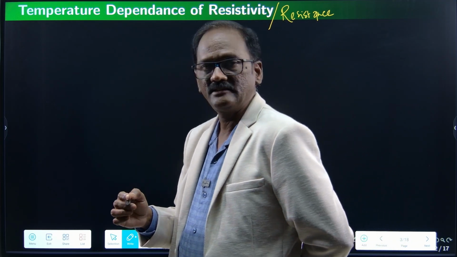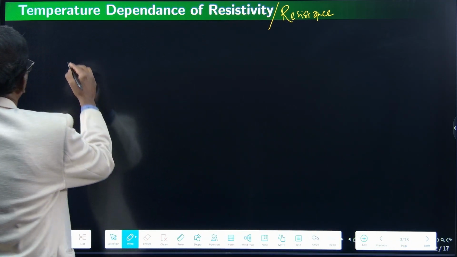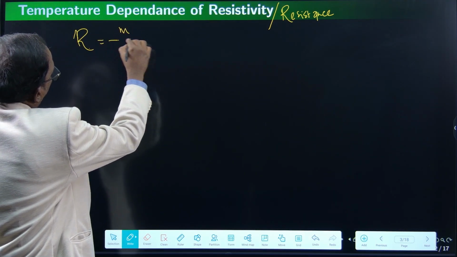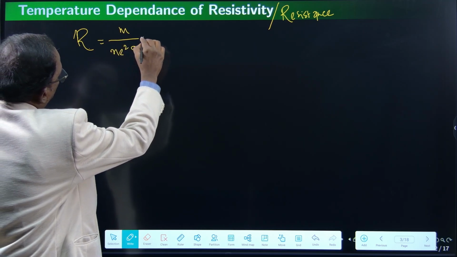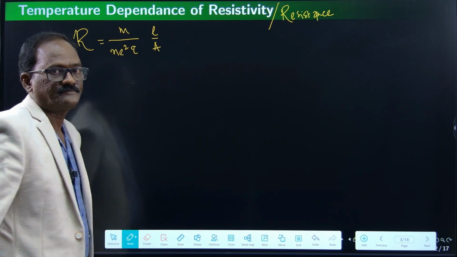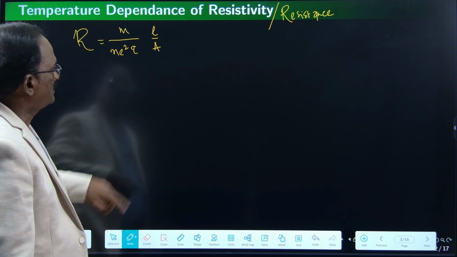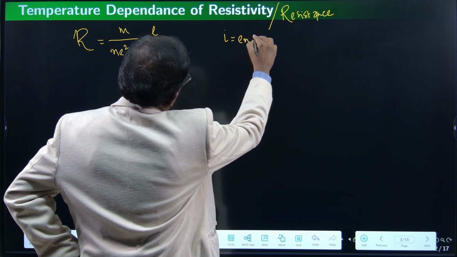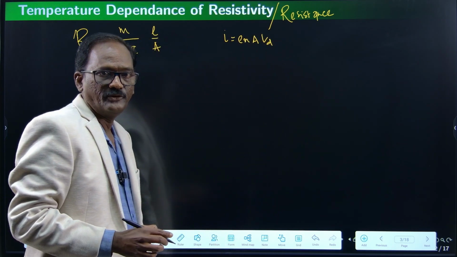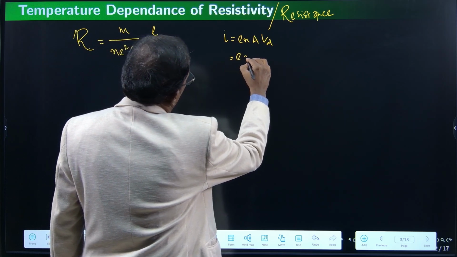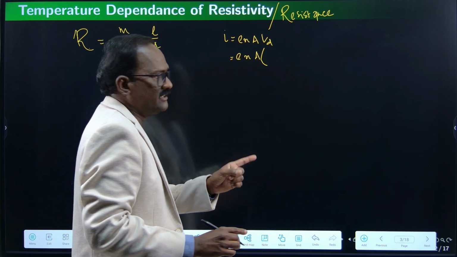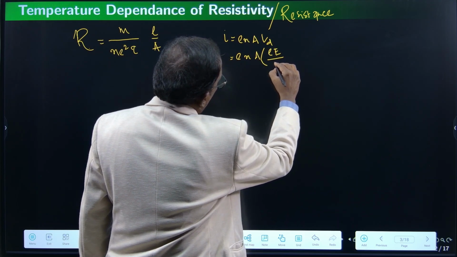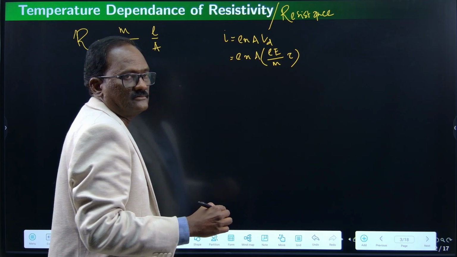Let me start by writing the expression for resistance. R is equal to m upon n e square tau, times L by A. This is obtained from the current equation, I is equal to n e A vd. I am replacing vd, the drift velocity, with its expression eE by m into tau.